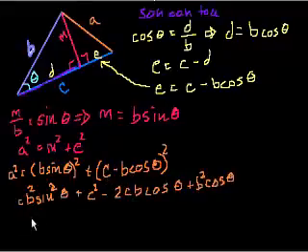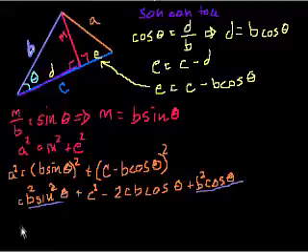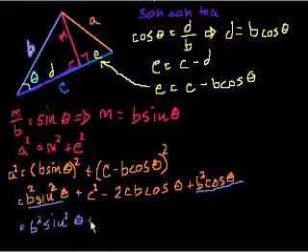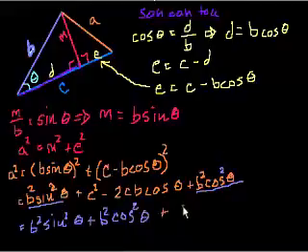And now let's see if we can do anything interesting. If we take this term and this term, those two terms are B squared sine squared theta plus B squared cosine squared theta. There should be a squared there because we squared it. And then we have plus C squared minus 2BC cosine theta.